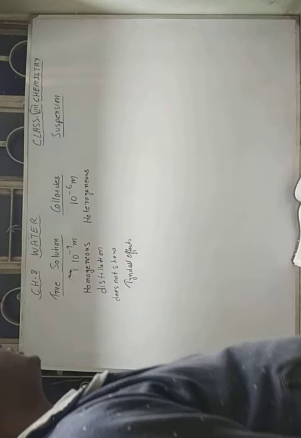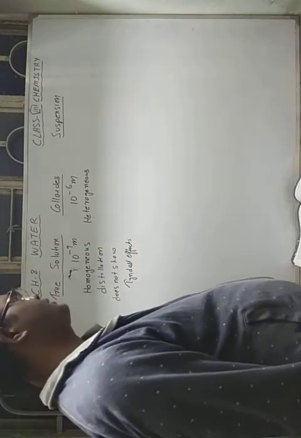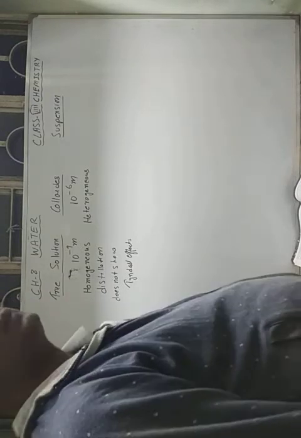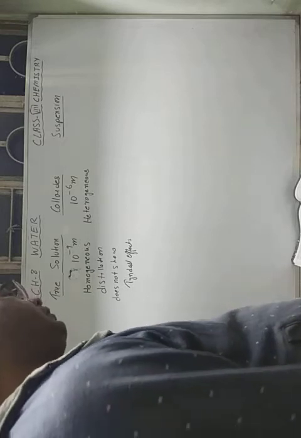Next is the suspension. A suspension is a heterogeneous mixture whose particle size is about 10 to the power minus 6 meter. Since it is heterogeneous, the particles can be seen with the naked eye, and the solute particles can be separated by sedimentation, filtration and decantation.